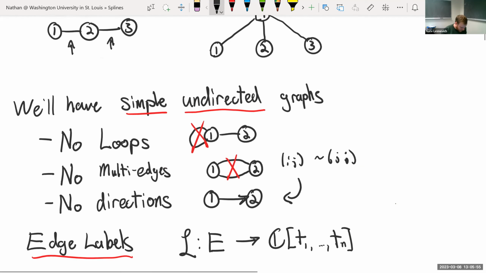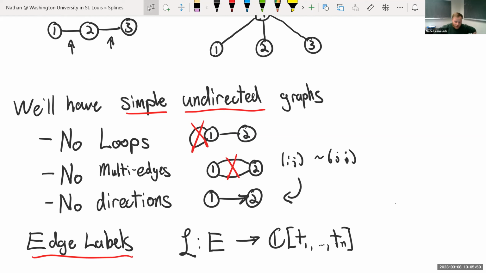So, simple graphs. One thing we will be seeing is edge labels. That's just going to be some function script L from the set of edges to the polynomial ring, which I will sometimes write as this.